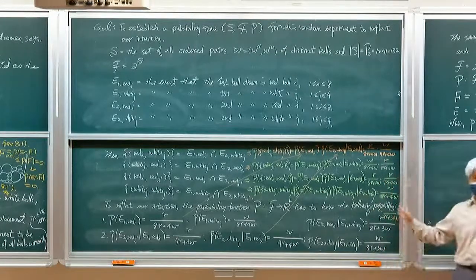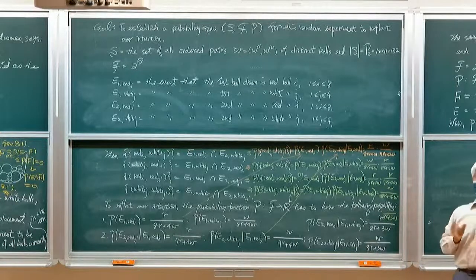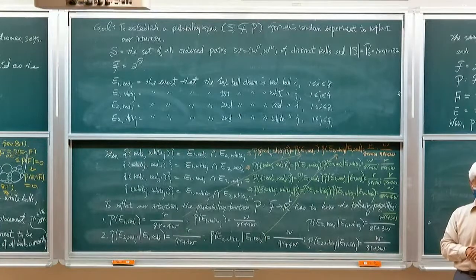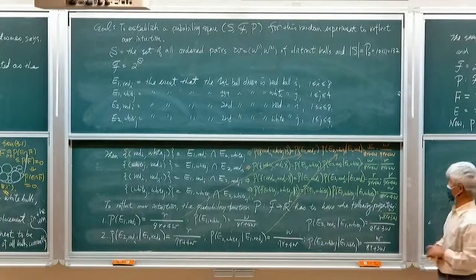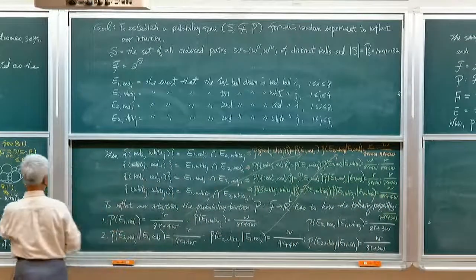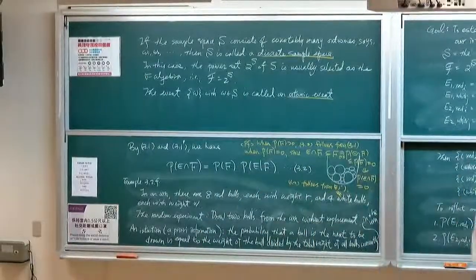Okay, so you can see that the outcomes are not equally likely to occur. And so this intuition gives us a unique probability function.